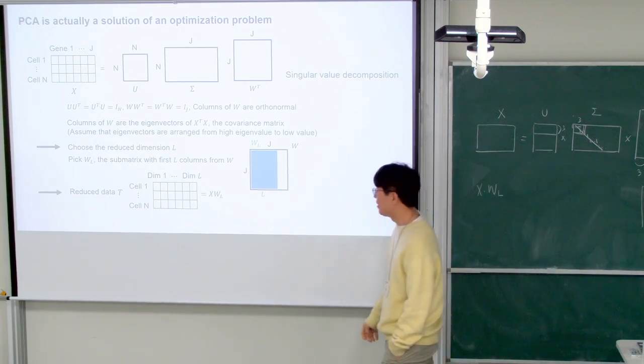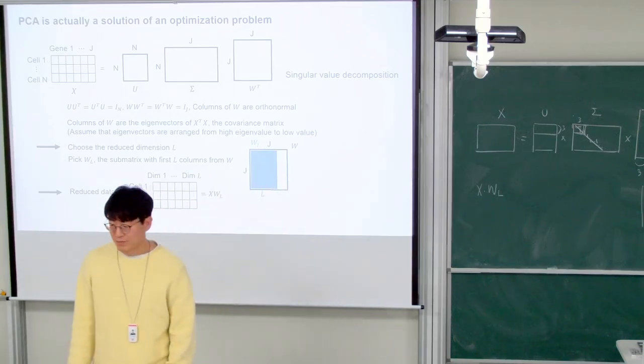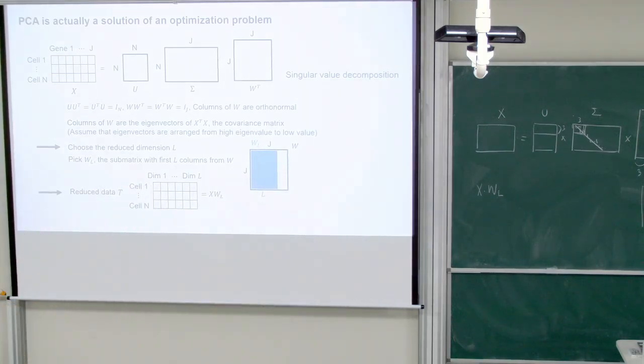That's the meaning of this. Make sense? So using 3 PCs means that among the diagonal components we choose up to the third component, and 4 PCs means we approximate up to 4 components. That's the meaning of PCA. Got it?